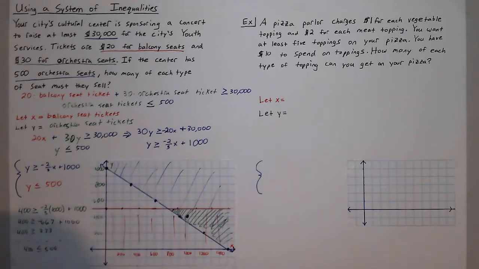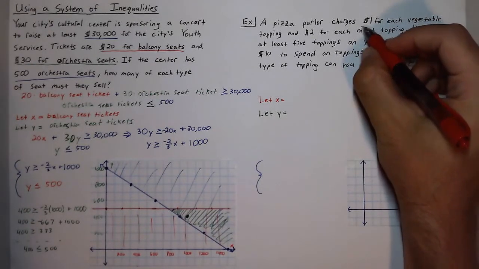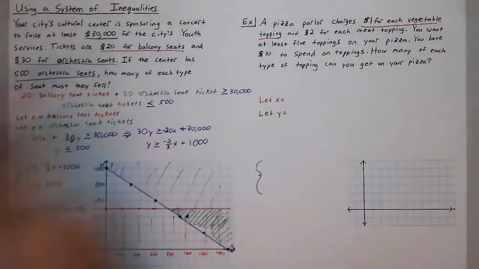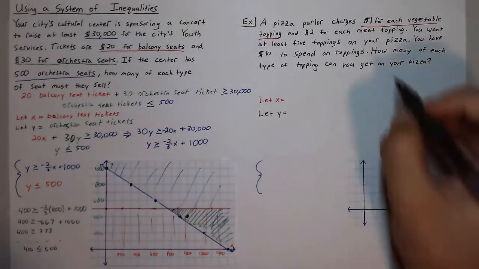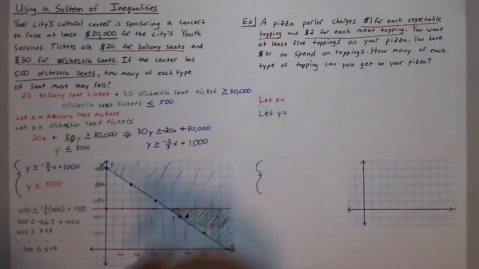So what we need to figure out is, using $1 for each vegetable topping and $2 for each meat topping, we need to come up with a system of inequalities to represent the situation going on.